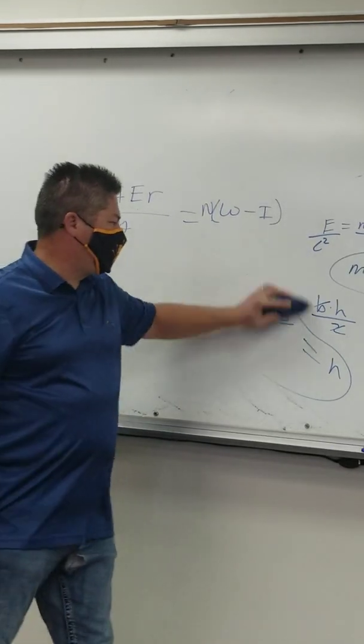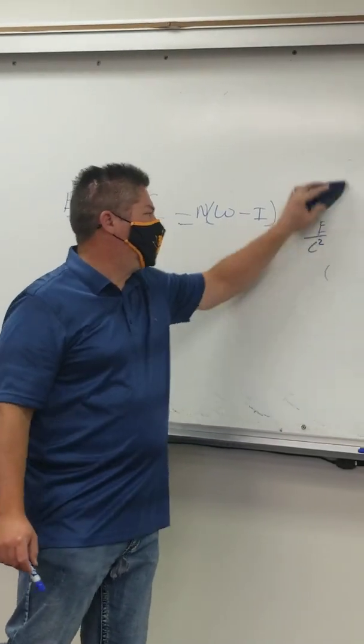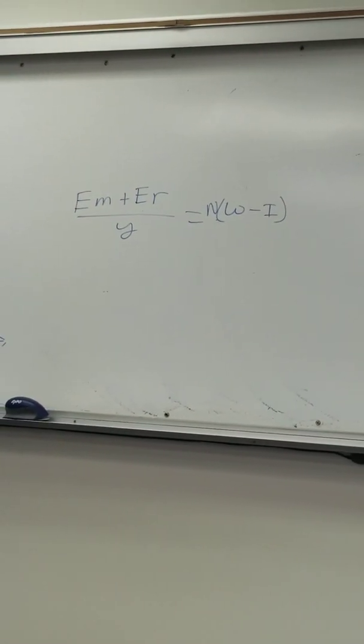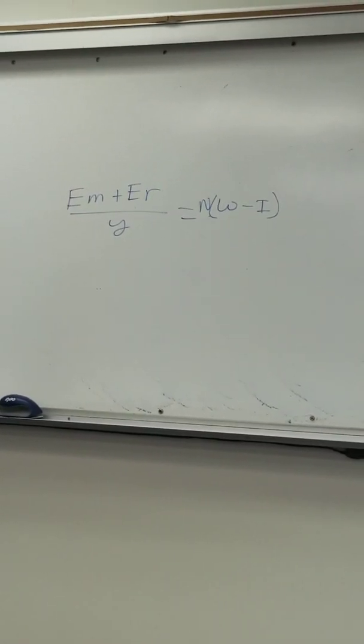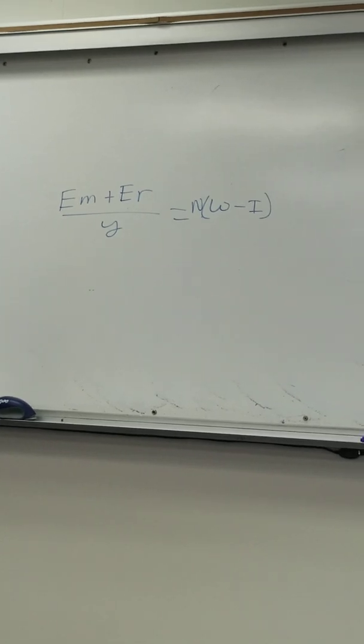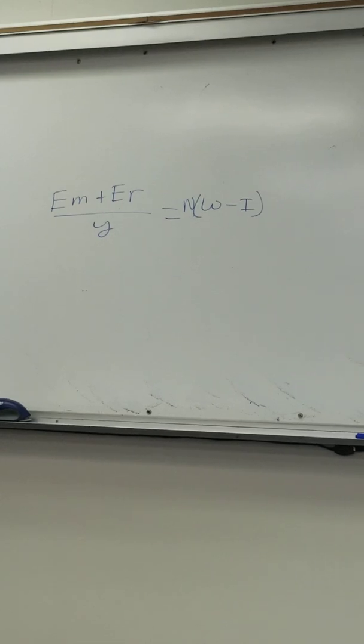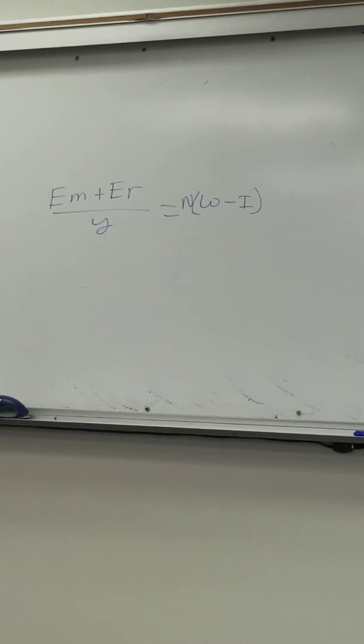Let's say this was the equation. And it said, get the m by itself, or solve for m. That's what it'll say, something like that. Solve for m. Okay?